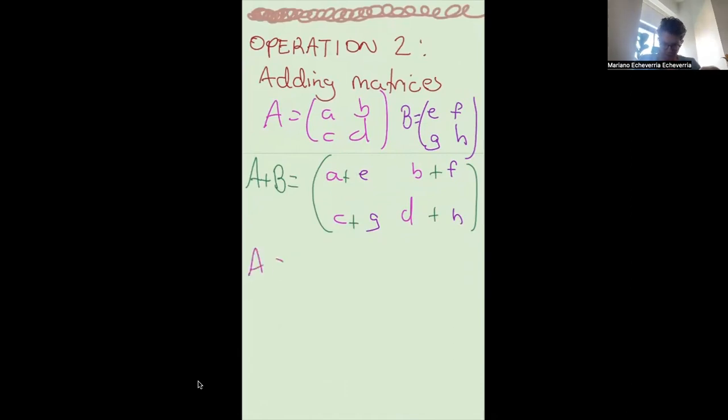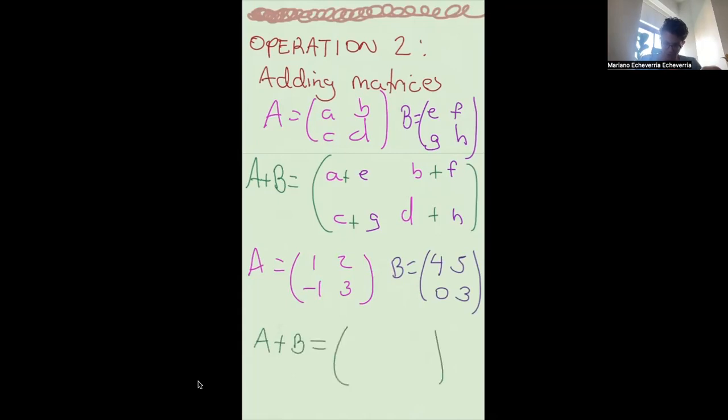So again, you could make this concrete if you wanted to, although hopefully it doesn't seem too confusing. If you have two matrices which look like that, then A plus B is literally what you get by doing the corresponding sums. So 1 plus 4 is 5, 2 plus 5 is 7, -1 plus 0 is -1, and 3 plus 3 is 6.